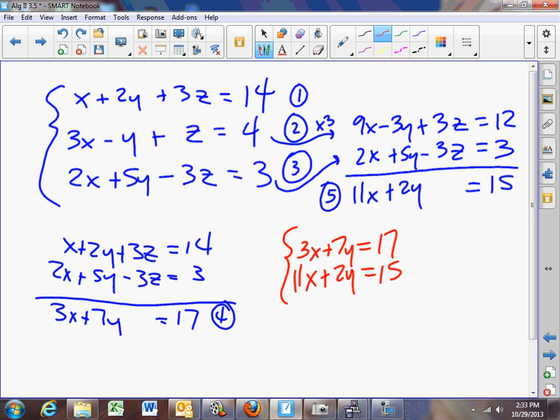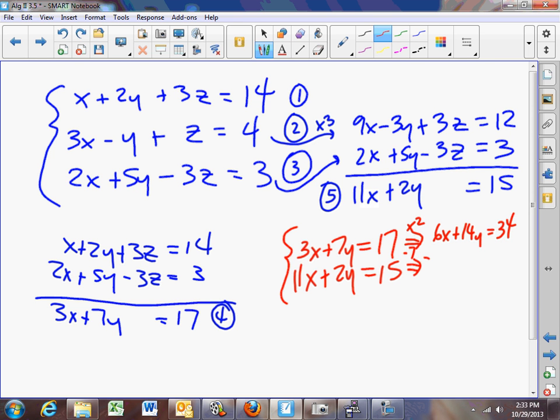So now, to get rid of a variable, let's multiply the first equation by 2. That gives us 6x plus 14y equals 34. And we'll multiply this second equation by negative 7.